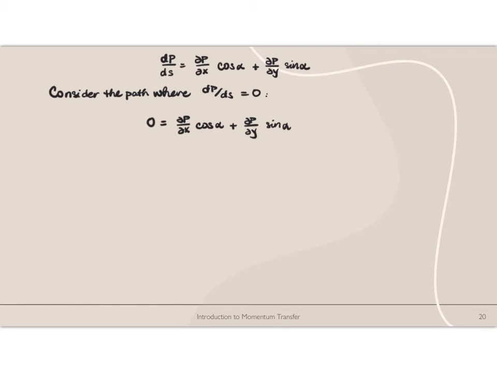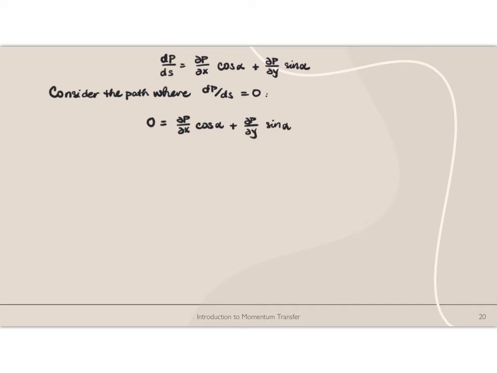Now, we want to look at a couple of different paths to learn more about this. So first, let's look specifically at the path where dP/ds is equal to 0. This gives us 0 equals ∂P/∂x cosine alpha plus ∂P/∂y sine alpha.